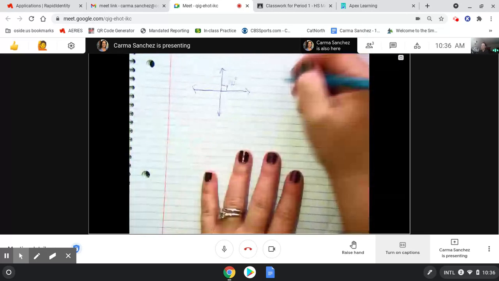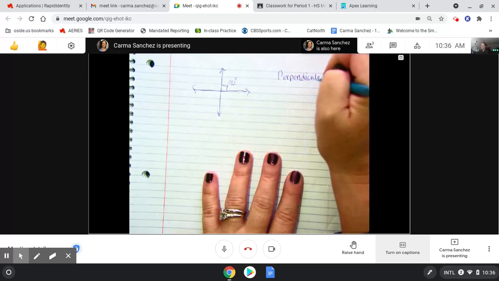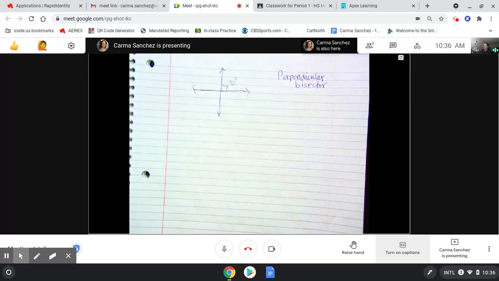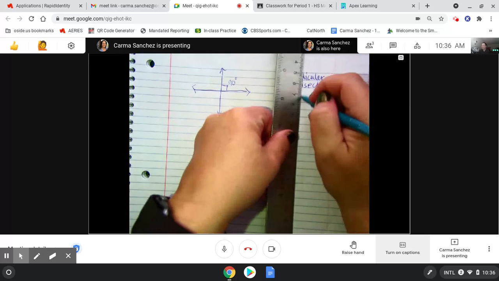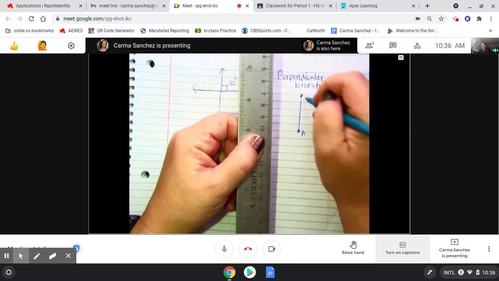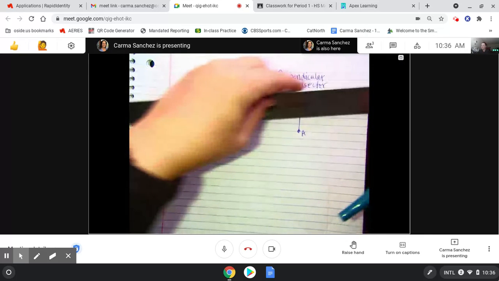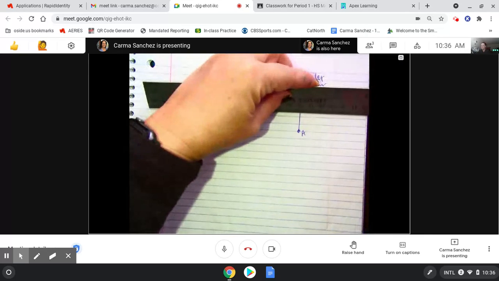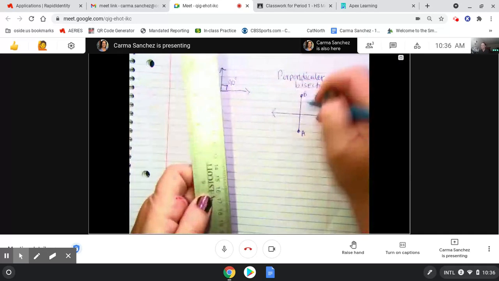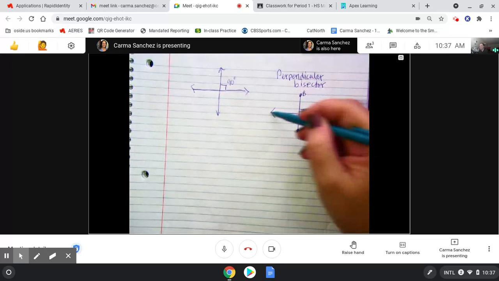For us to talk about a perpendicular bisector, it actually has to be a line segment, such as line segment AB, with the perpendicular line going through it. So notice that AB has a definite length and that this perpendicular line is going through it.